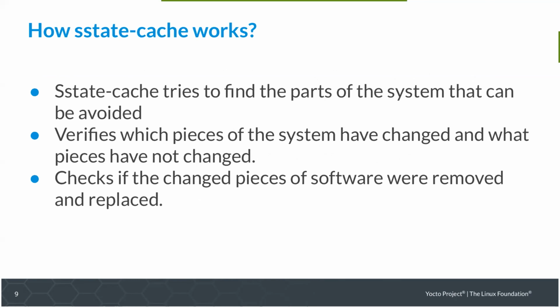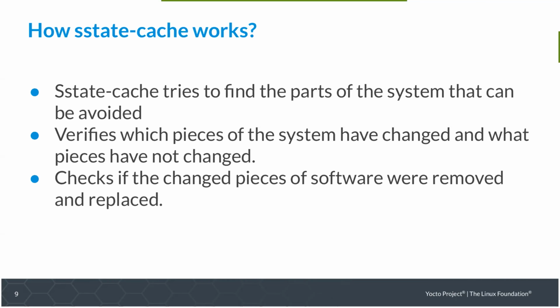What it does, in a general way, is the state cache looks at the part of the system that can avoid a rebuild. It verifies which pieces of the system have changed and which have not changed, to trigger a build or not, and checks pieces of the software that were removed or replaced.